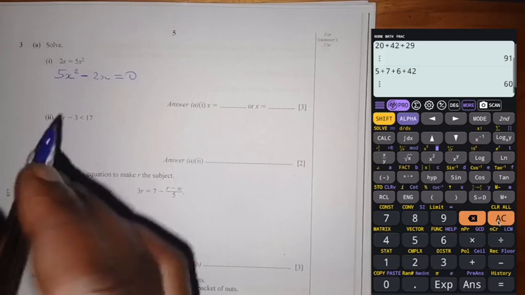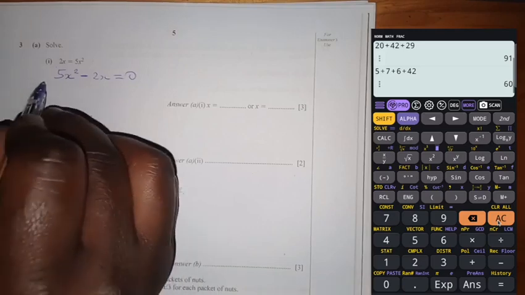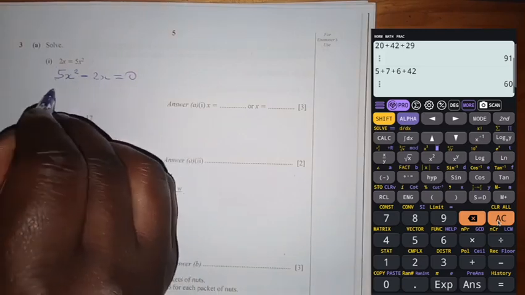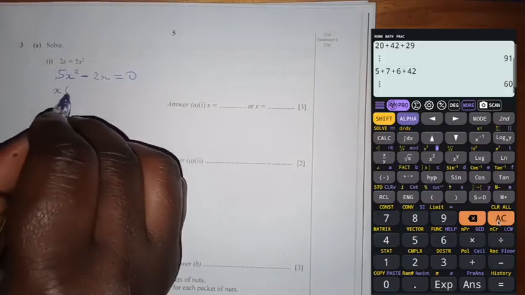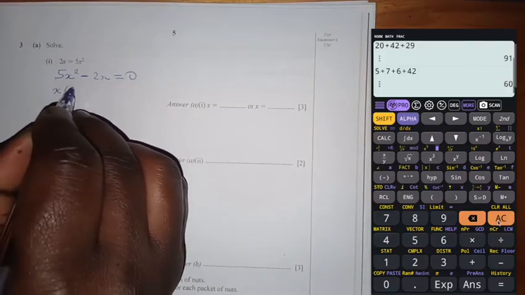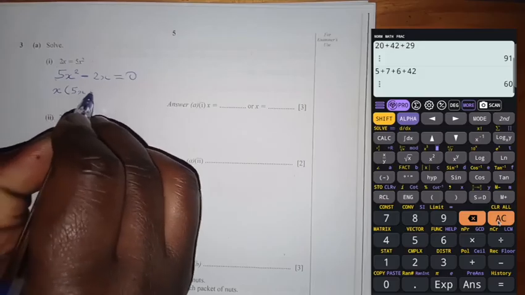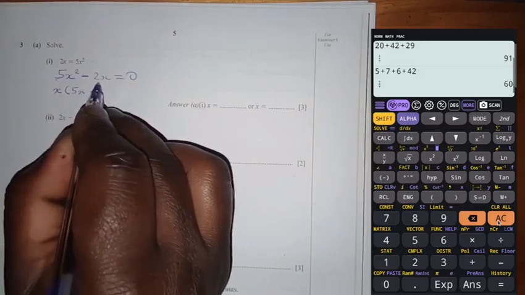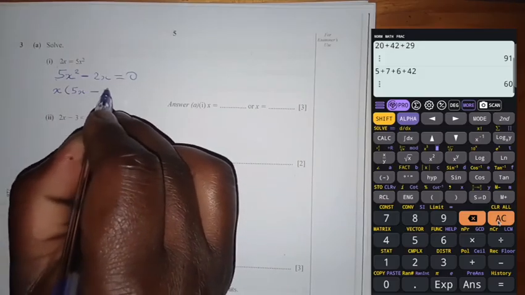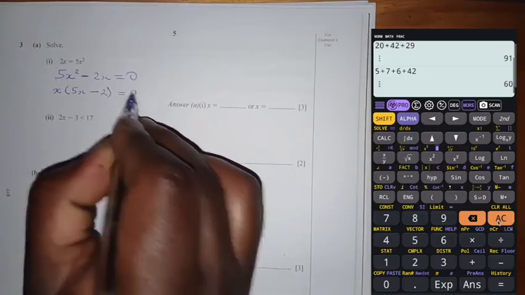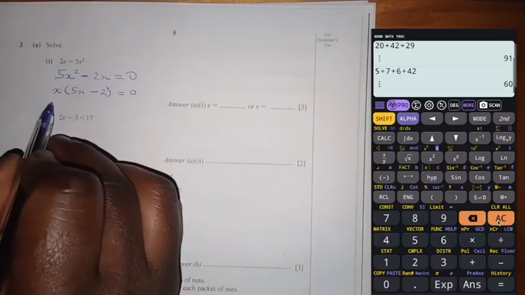So to factorize, let's take out the common factor. The common factor between these two terms is x. If you take out x here, you are left with 5x minus, and then if you take out x there, you are left with 2, equals 0. Then equating each of the factors to 0.